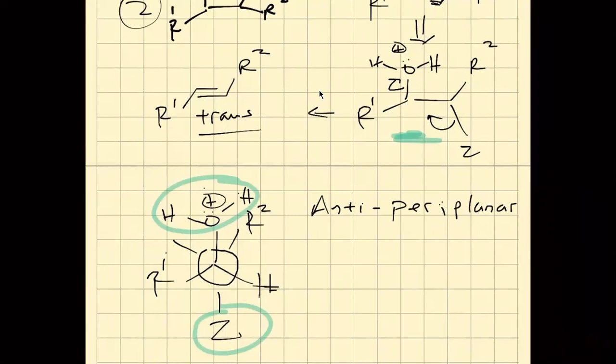So it's anti-periplanar, and that determines your alkene stereochemistry. If the reaction takes place through an anti-periplanar conformation, then you're going to have the trans product. If it's syn periplanar, then you get the cis product.